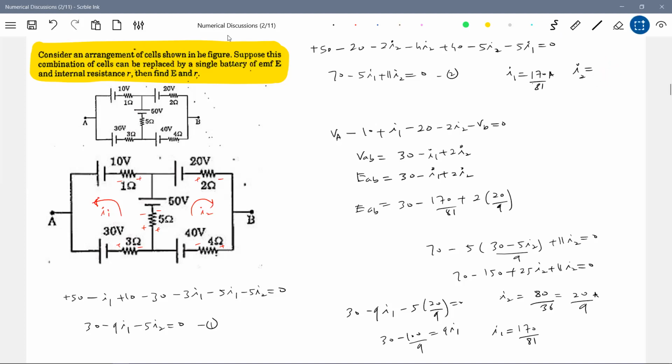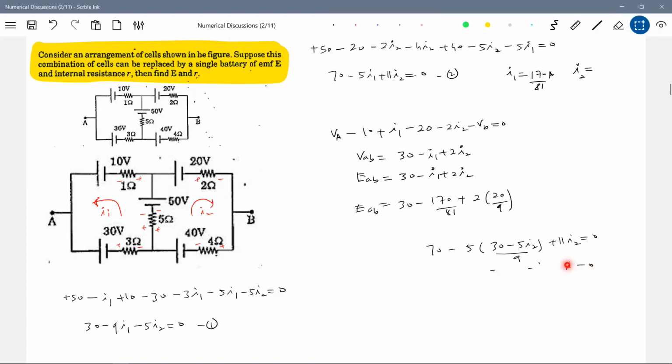I think I have to change all the things. I2 is minus 210 by 124. We can further divide to 105 by 62. Yes, sir. I got a decimal value, sir.